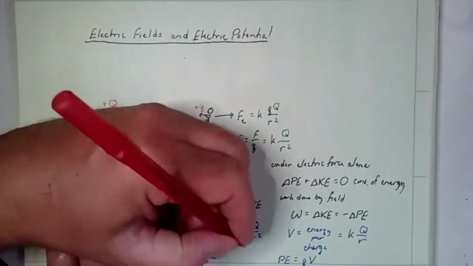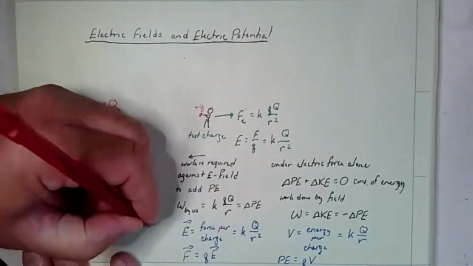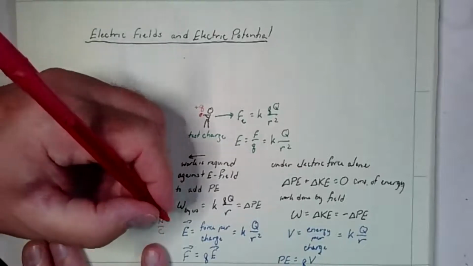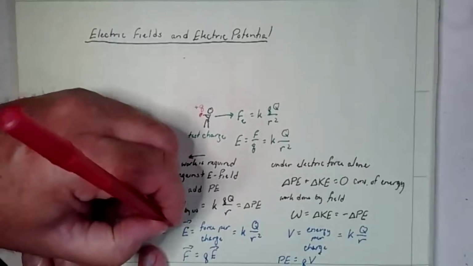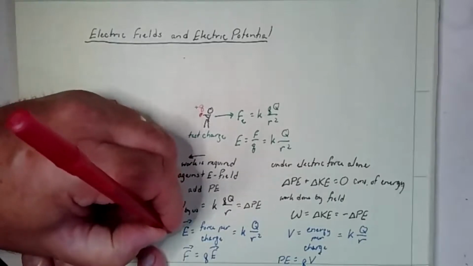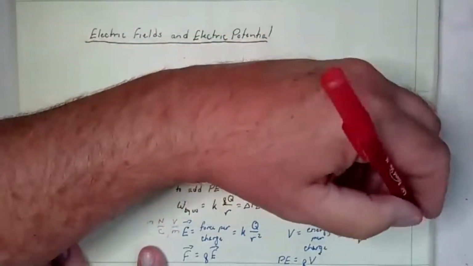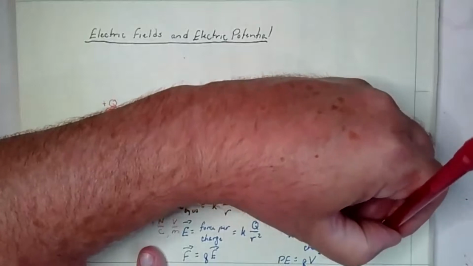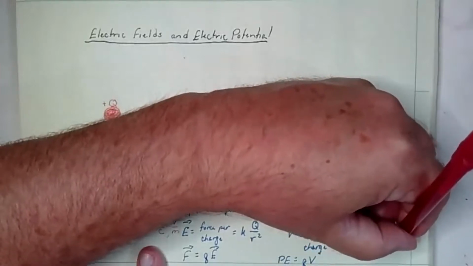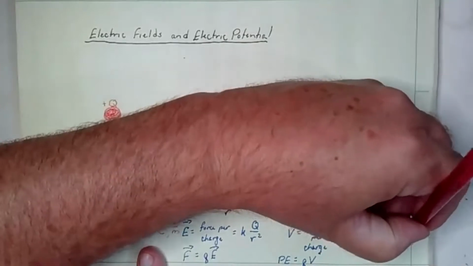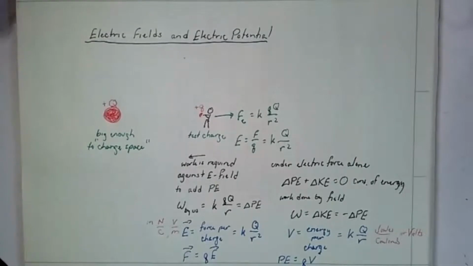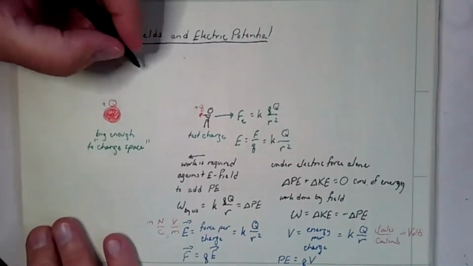And as far as units go, our electric field is in newtons per coulomb, or volts per meter. And our electric potential is joules per coulomb, or volts. And again, these results are point charge only.